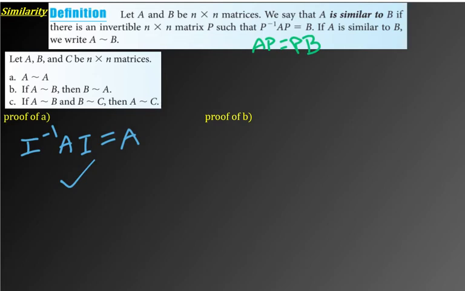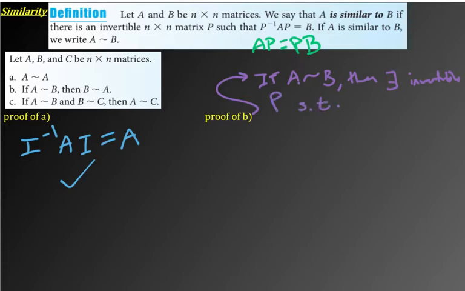All right. So this one says that if A is similar to B, then B should be similar to A. So if A is similar to B, then by definition there exists some invertible P such that we get P inverse AP equals B, right?